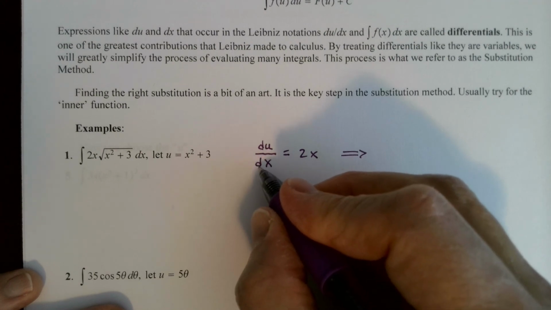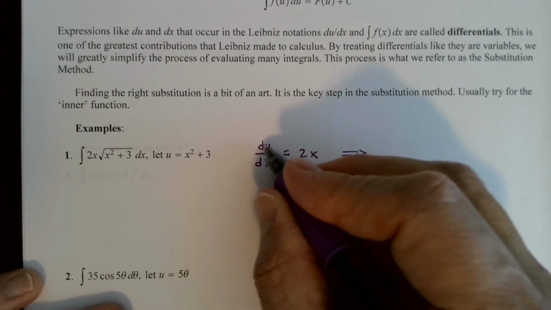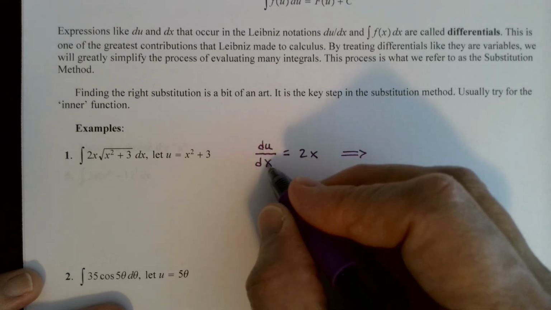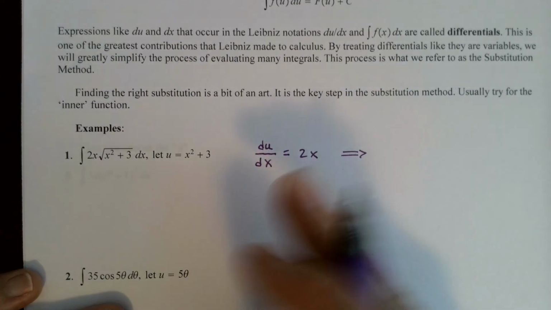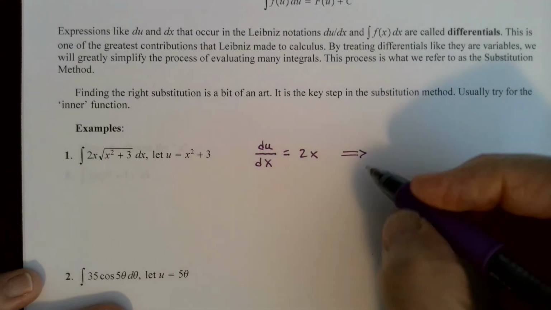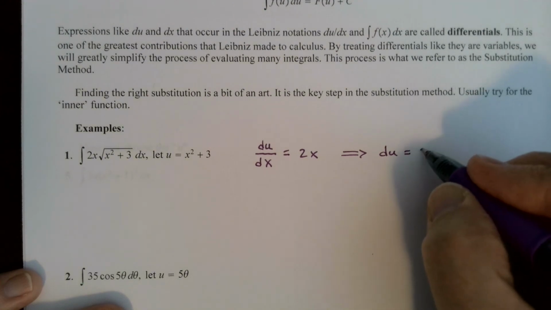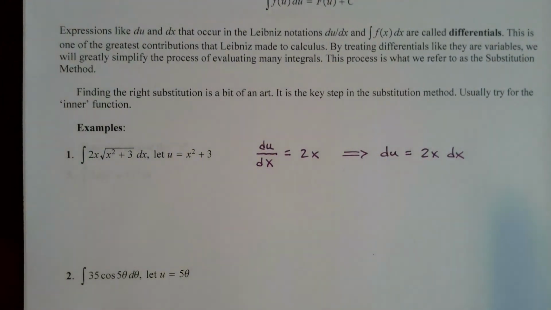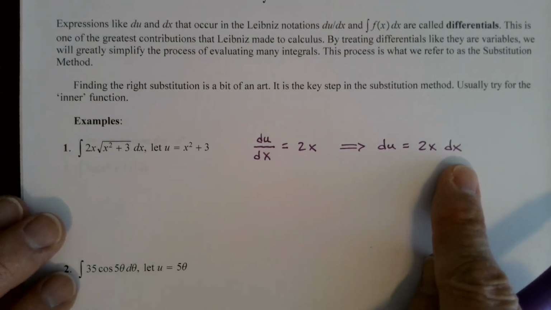In other words, even though du/dx really is one thing, I'm going to treat du as a differential of u and dx as a differential of x, and treat these as separate variables in a sense, even though their quantities are not going to come into play when we're calculating the integral. We get this relationship that du is 2x dx, right? Multiplying, if you will, both sides by dx. And so this is the way we play around with differentials, and it's helpful from what Leibniz has done.